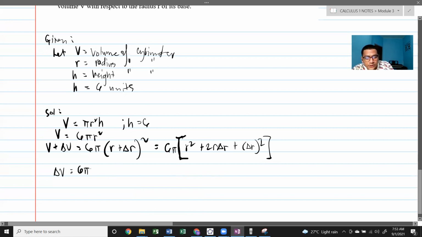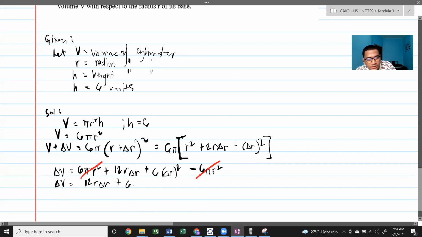So this would be 6 pi r squared plus 12 pi r delta r plus 6 pi delta r squared, minus V, but our V is equal to 6 pi r squared. So now these two terms will be cancelled out. So our delta V now is equal to 12 pi r delta r plus 6 pi delta r squared.